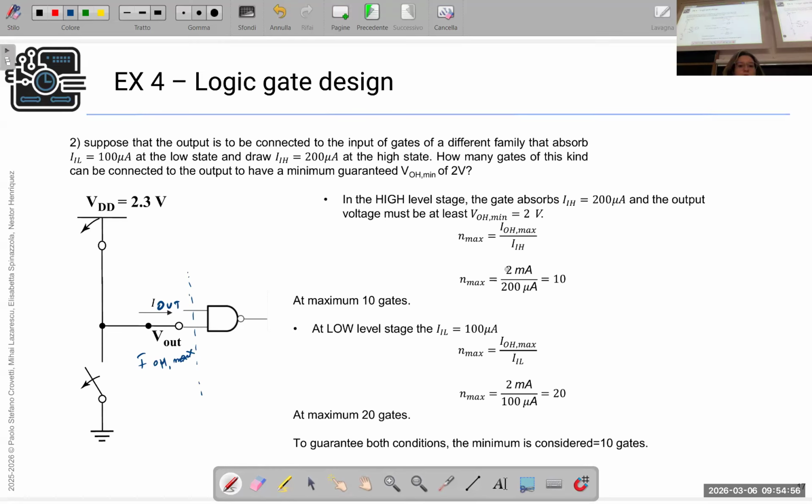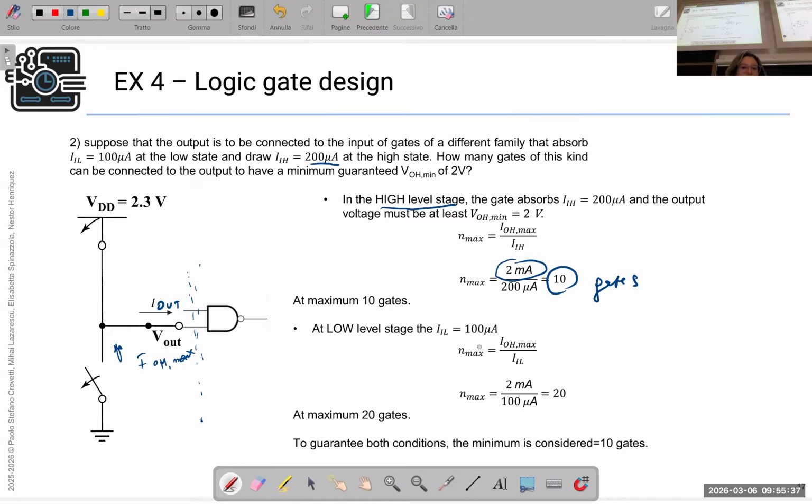We do it at the high level: the absorbed current is 200 microampere, and the 2 milliampere of the IOH max. So we do iteration, and there are 10 gates. This is the maximum number of gates that we can put here, so that the total current respects the condition of the current output high of the device.